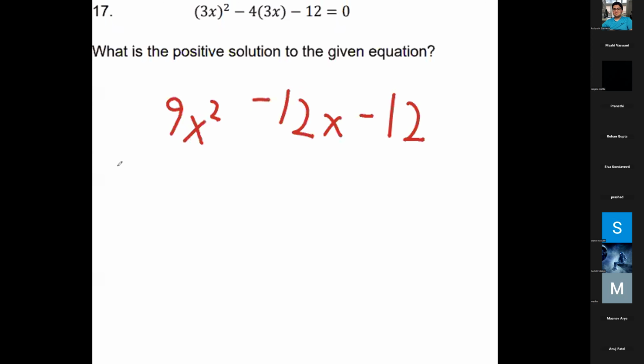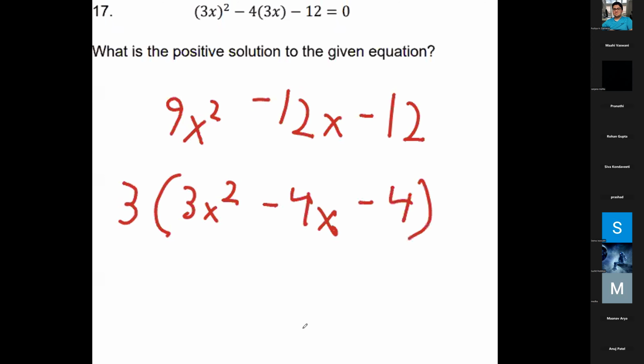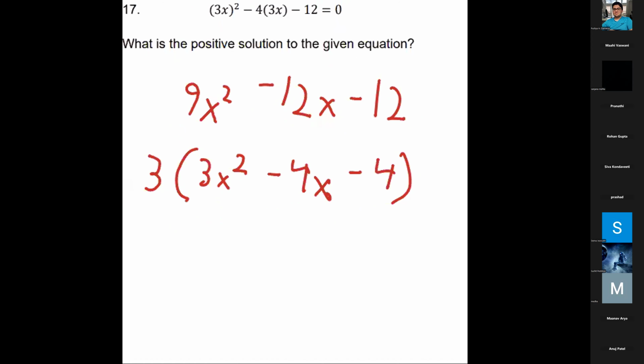arithmetically. So first we can factor out 3. So that would be 3, and then we would have 3x squared minus 4x minus 4. So that's factor 3, and then I have to find the least common multiple, which would be 3, and then 3x squared plus 2x minus 6x minus 4.